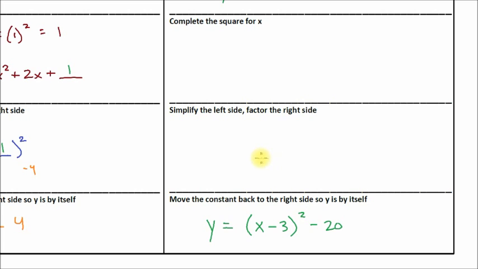And that means on the right side, you're going to get x minus 3 in parentheses, squared. And then the last step, since on the left side you had y plus 20, you're going to move that 20 to the other side, and it's going to change to -20. So those are your practice steps for completing the square for a parabola or a quadratic equation in standard form.